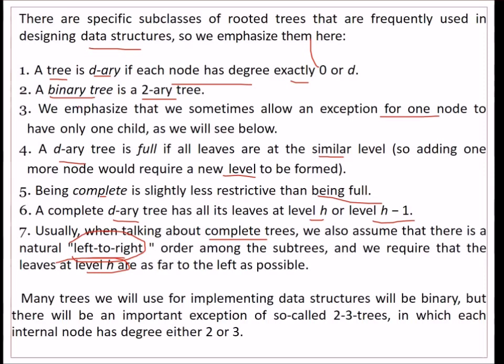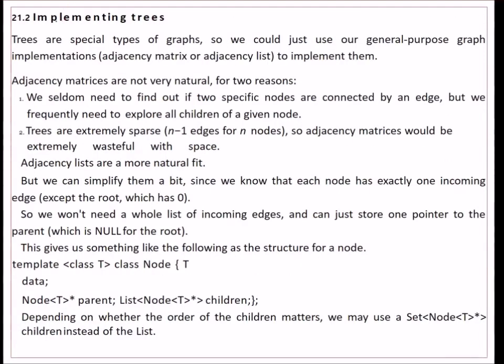Many trees we will be using for implementing data structures will be binary, but there are some important exceptions, like 2-3 trees, in which each internal node has degree either 2 or 3. So let us implement trees.